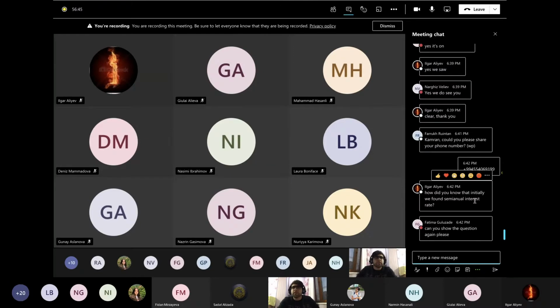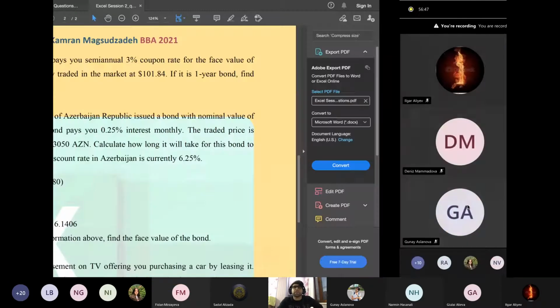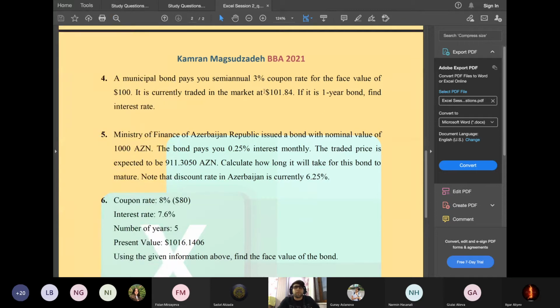How did you know that initially we found the semi-annual interest rate? Because we adjusted our inputs to semi-annual. We have semi-annual 3% rate. It is already given here as semi-annual, it's not annual. We have face value, we have price. We don't change them, doesn't matter if it is semi-annual, monthly or quarterly.